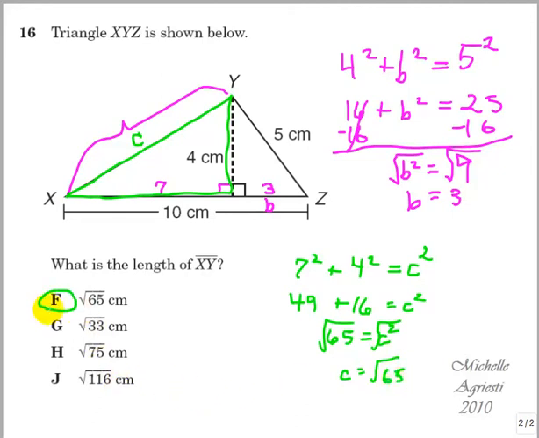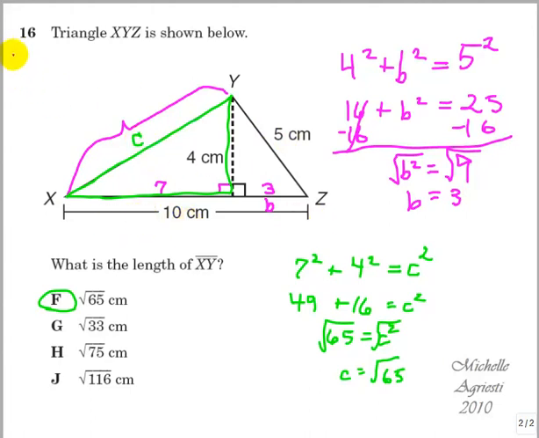Right there. Now I'm curious, had I assumed this was a right triangle, I want to know if the answer would be on there. I'm going to switch colors again. If this was a right triangle, we would be doing leg squared plus leg squared equals hypotenuse squared.